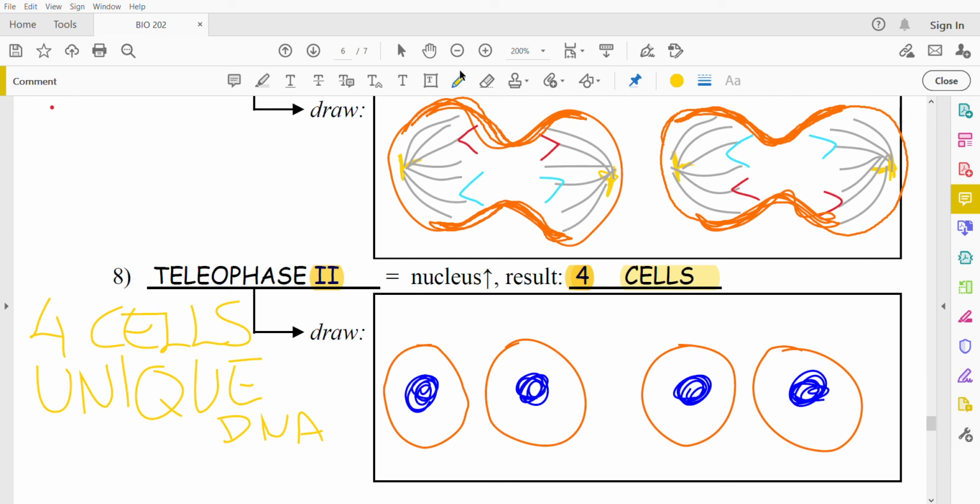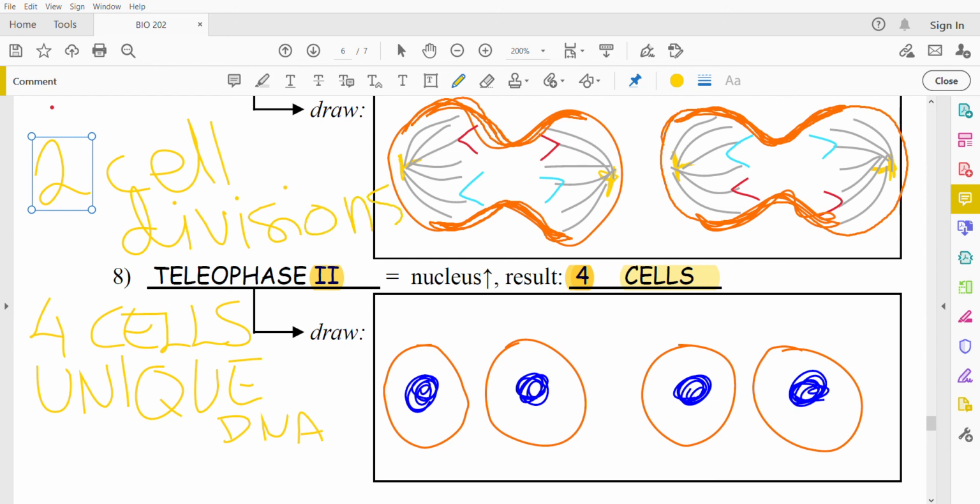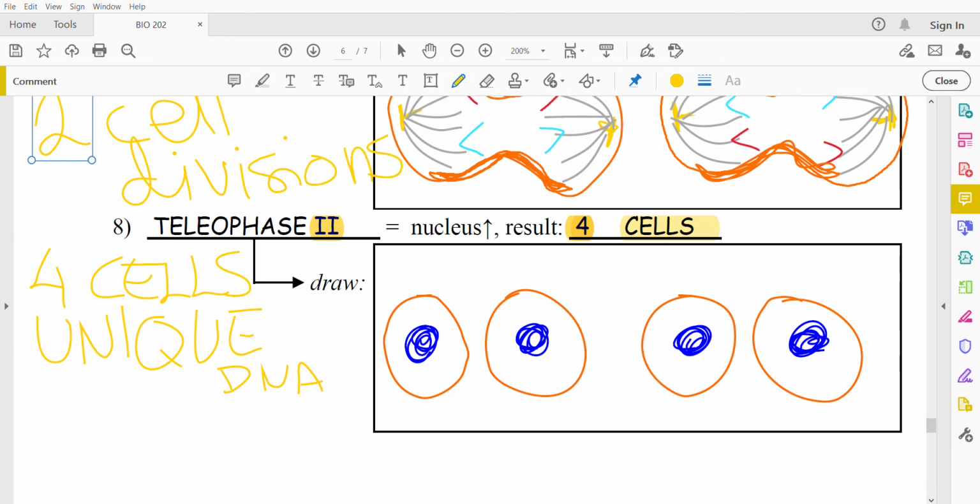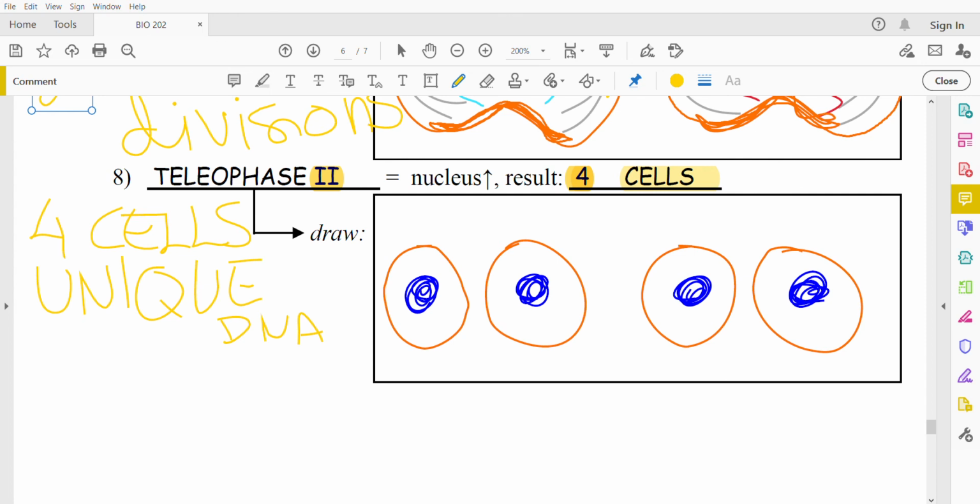And finally, the thing to notice here is that because we have 2 cycles of cell divisions, each of these cells will now have only 50% of the DNA in them.